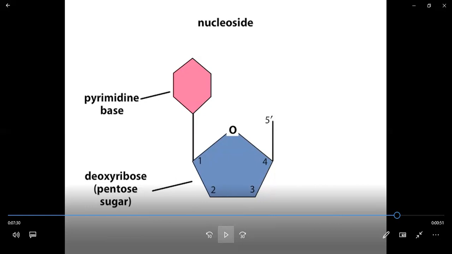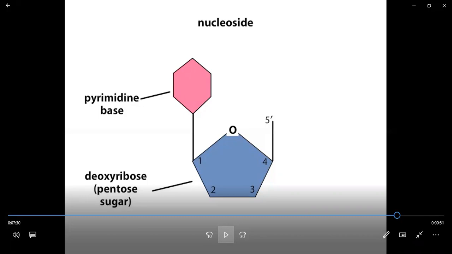Purines are of two types, adenine and guanine. In this way we get a nucleoside, where the deoxyribose sugar is there, and at the 1' position either a purine or a pyrimidine base is attached.